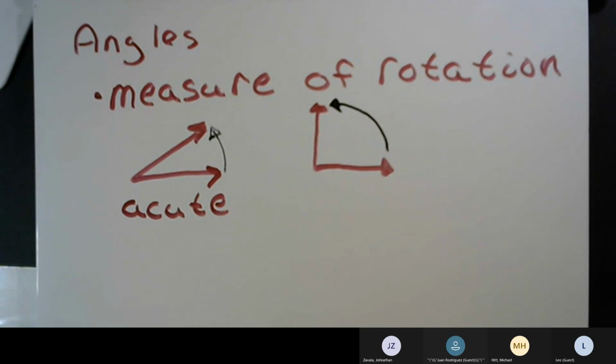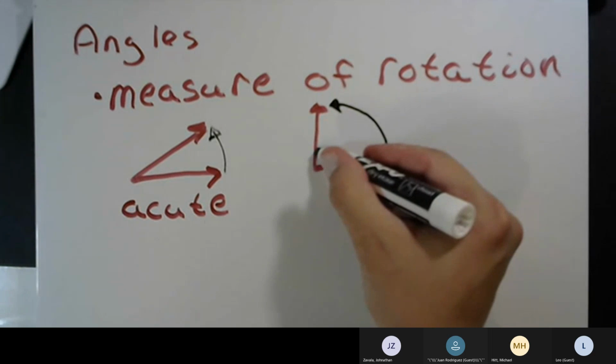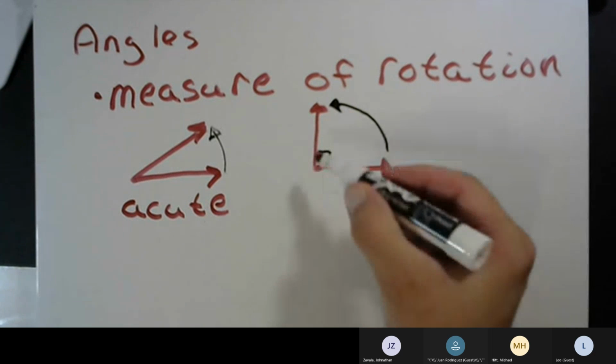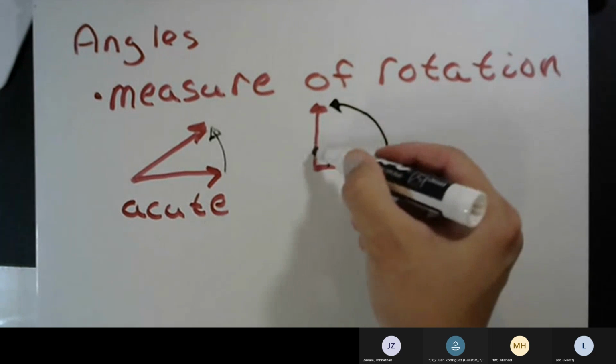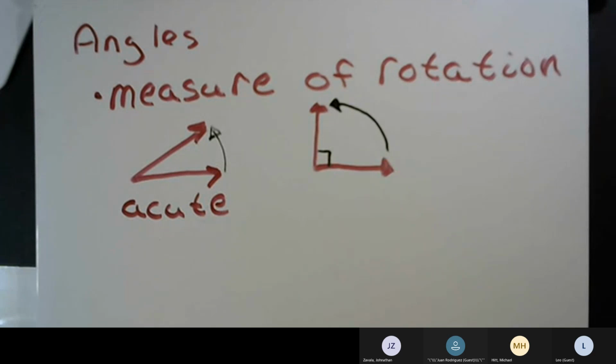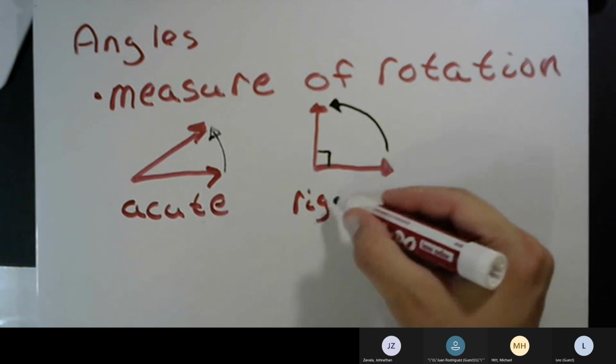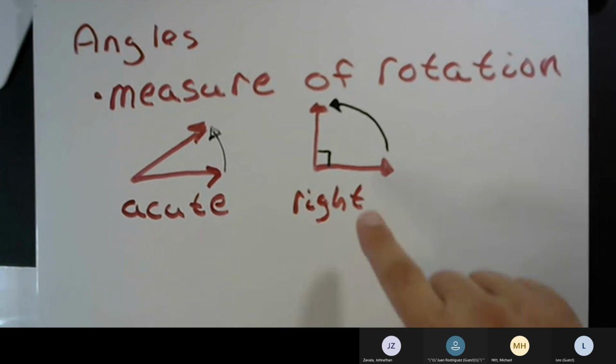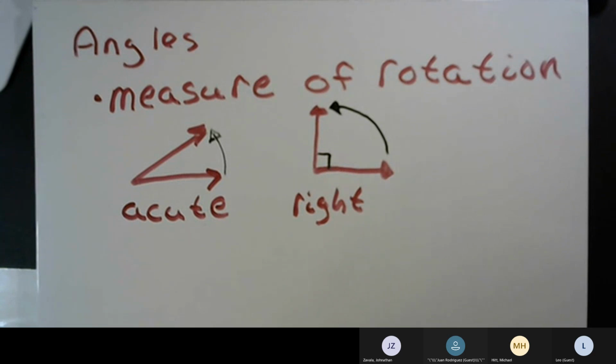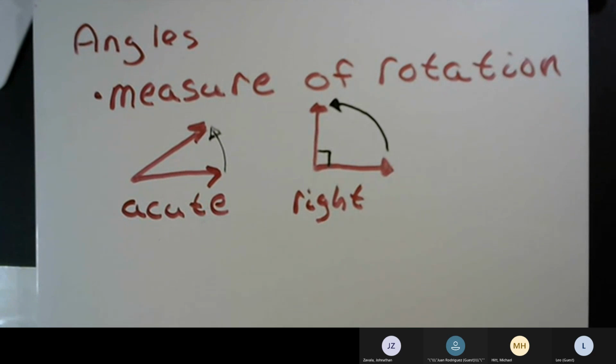You might have seen this, and they tend to put a special symbol in here. But this is perfectly vertical. That leg's perfectly vertical, and you'll see this called a right angle. And we're going to talk about this. This is what's called a 90-degree angle. When that rotated leg is perfectly vertical, we call that a right angle.